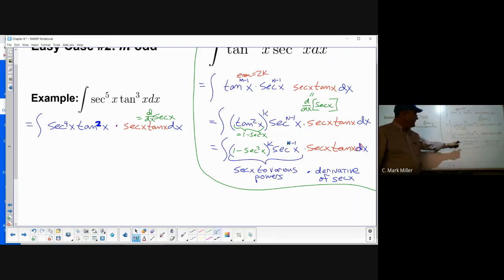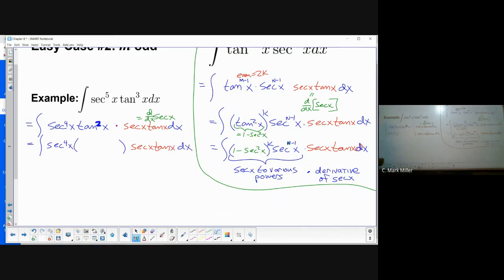If it becomes even, you can use this, 1 minus secant squared. So this is going to be secant to the 4th, and tangent squared is secant squared minus 1.